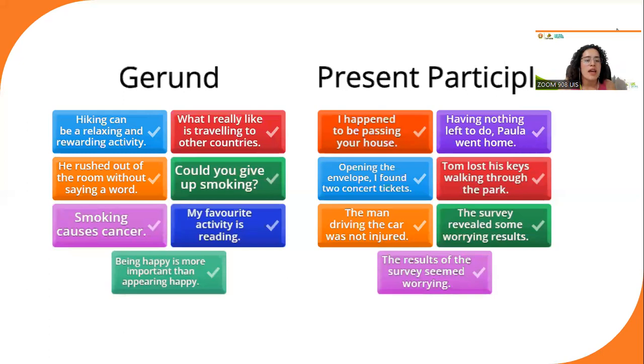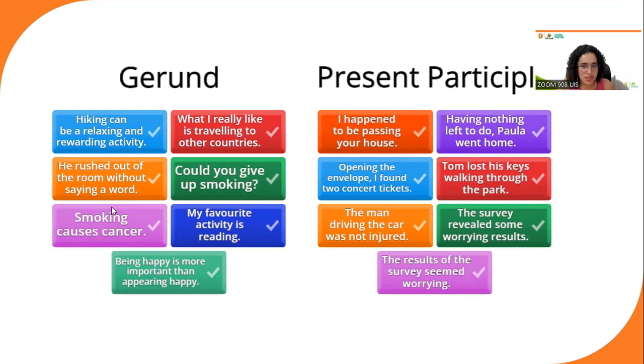Hiking can be relaxing. What I really like is traveling to other countries, in this case also a gerund. He rushed out of the room without saying a word. Could you give up smoking? Smoking causes cancer. My favorite activity is reading, and being happy is more important than appearing happy.